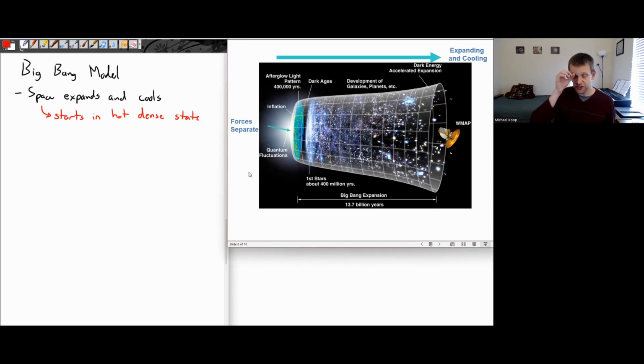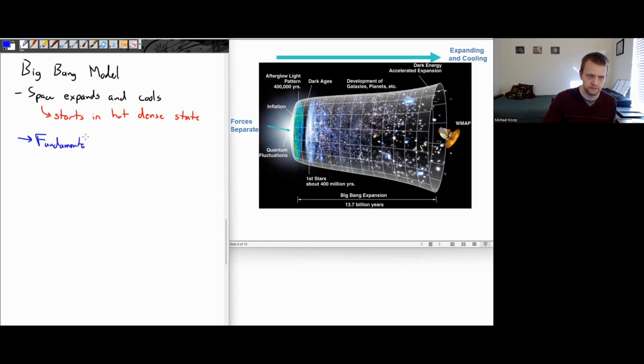As it does this, a few key things are going to happen. First, the fundamental forces separate out.